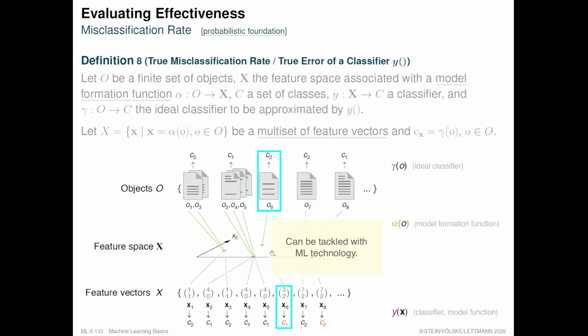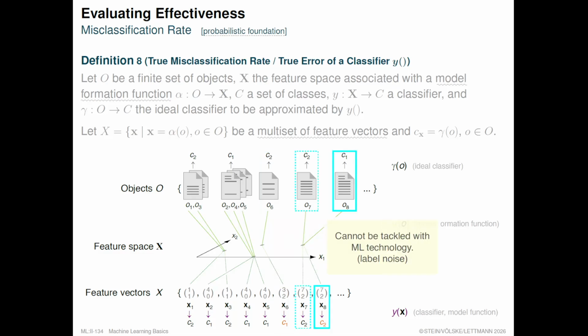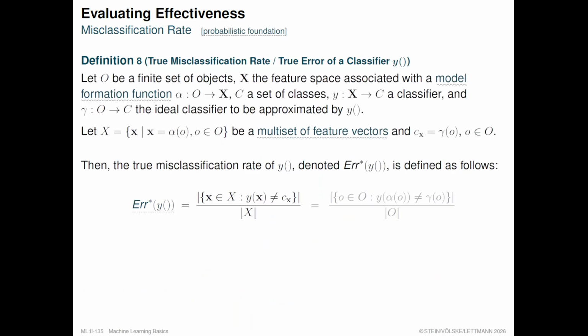But in cases where we actually don't have this kind of collision, we can use machine learning technology. We'll come to what this means to actually tackle that error. Yeah, and if we have this label noise or if we have collisions, we cannot do it. So here again, the definition that you also saw last time, which really means that we divide by the number of objects and count how many misclassifications we get. So true misclassification rate.